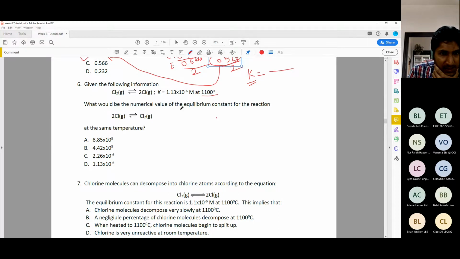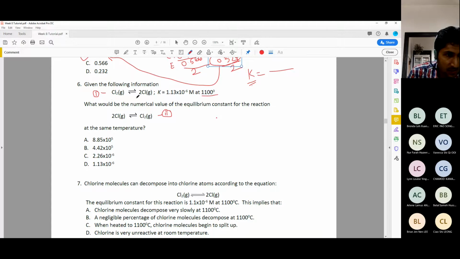What would be the numerical value of the equilibrium constant for the reaction when the reaction is the other way around? For this, I think it's better to give the reaction numbers so that students are not confused.